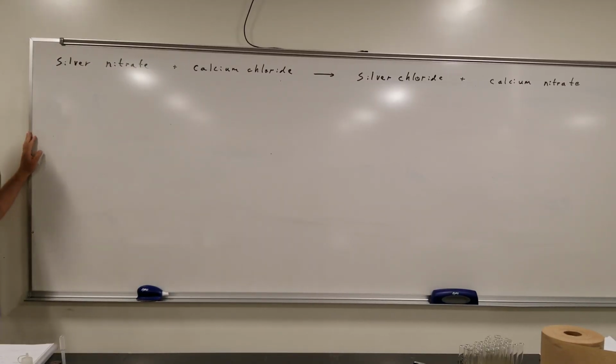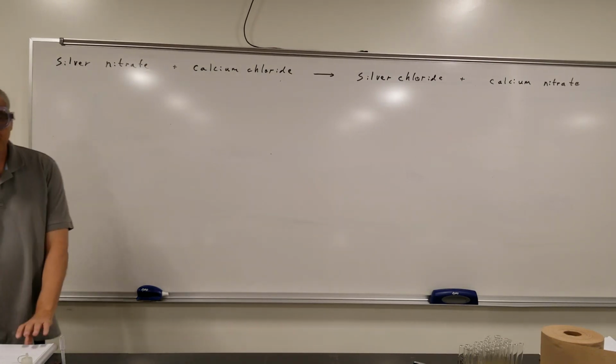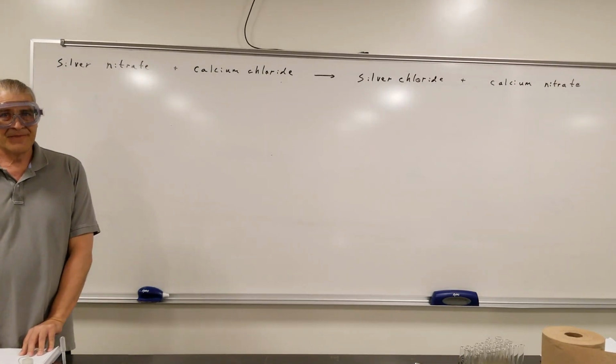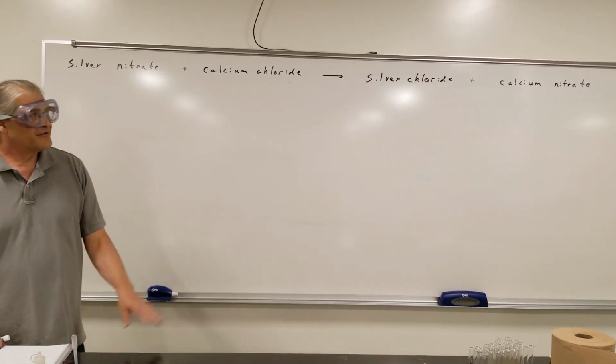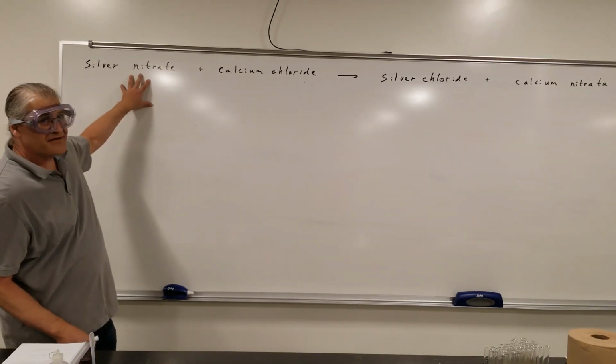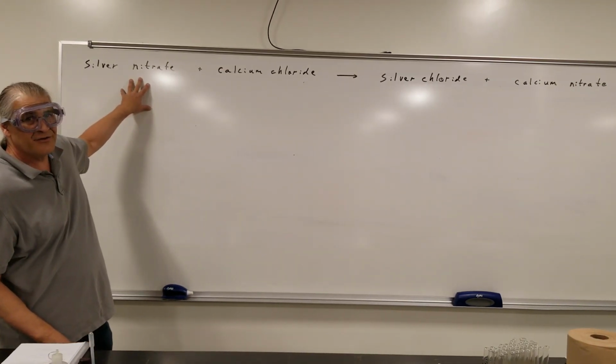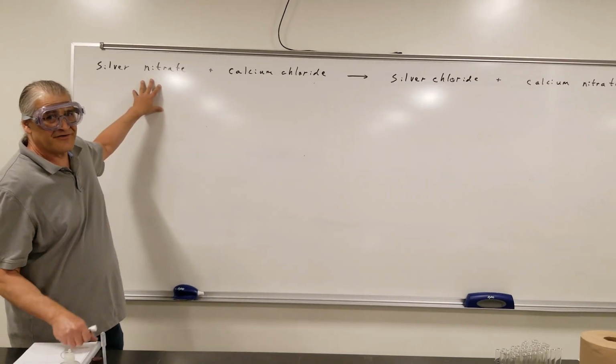Okay, you saw the reaction between silver nitrate and calcium chloride. Now, completing your report sheet, what we want you to do here is for each reaction, you have to translate the names of the chemicals into correct formulas.